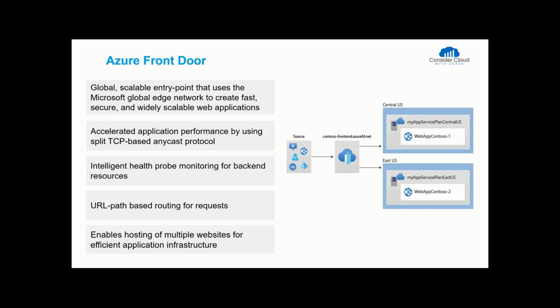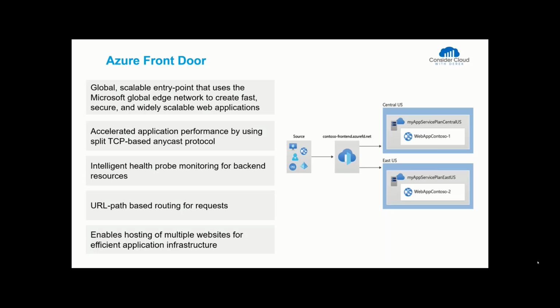It doesn't support just one application itself. Now, Front Door works at layer 7, right? Using an Anycast protocol to split that TCP packet in order to reach either your application that's hosted in one region or potentially your application hosted in another region.